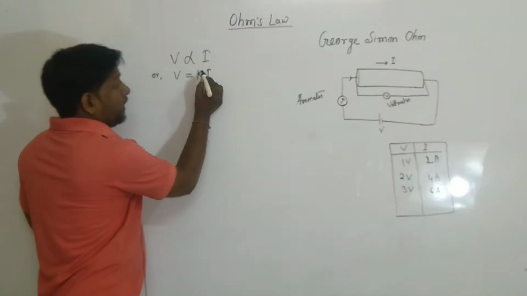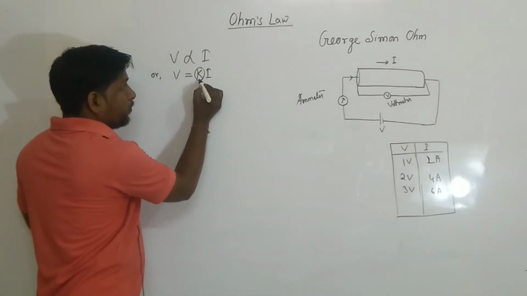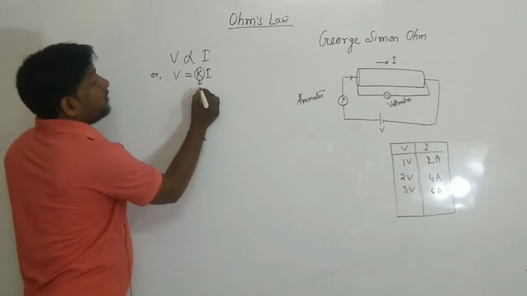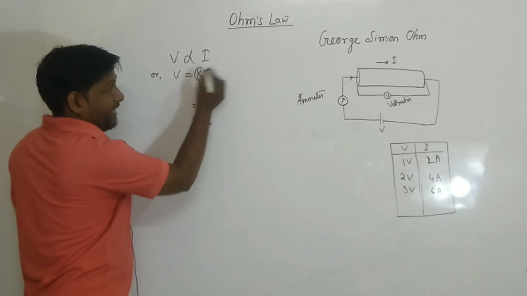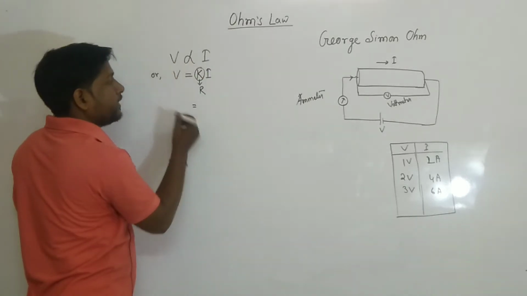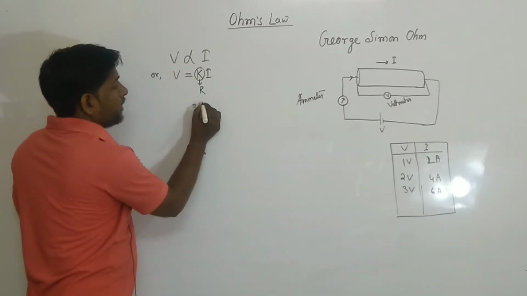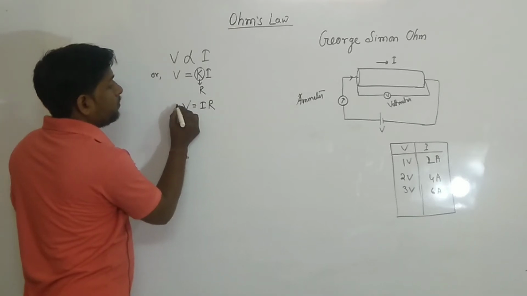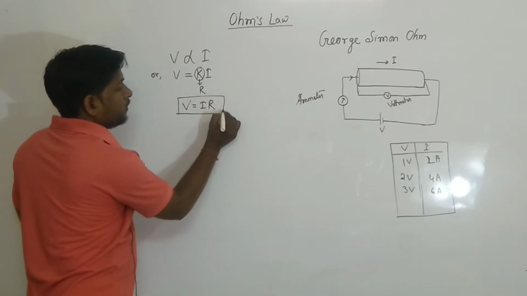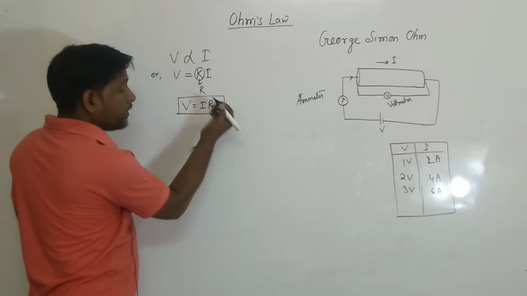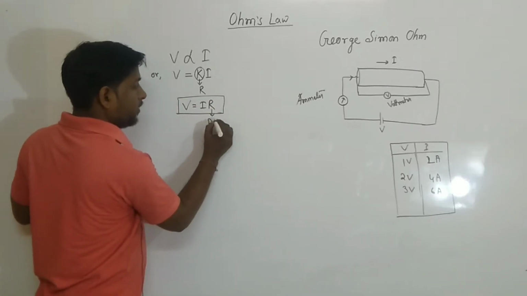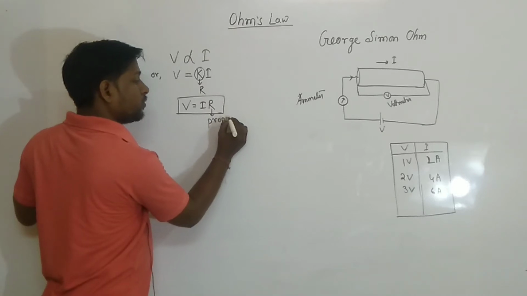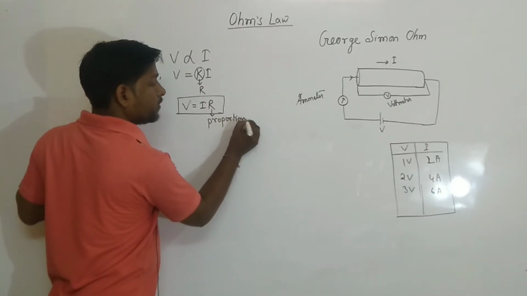But in this particular case, instead of K, we will use another symbol, that symbol is R. So we will express this equation as V equals IR. Then what is this R? This is nothing but a proportionality constant. R is also a proportionality constant.